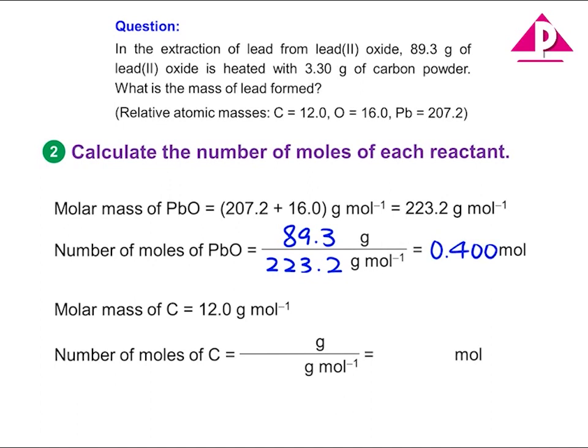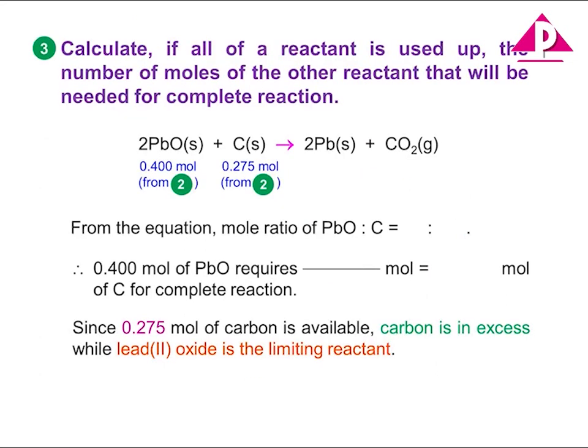For carbon, its number of moles is its mass, 3.30, divided by its molar mass, 12.0. That is 0.275 moles.